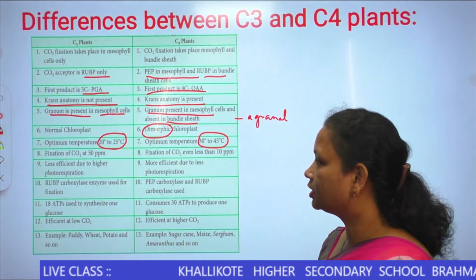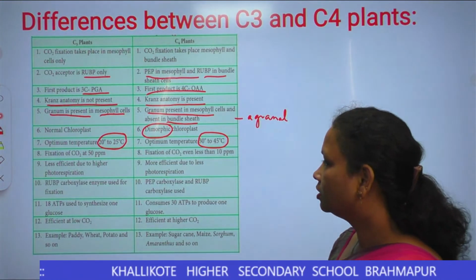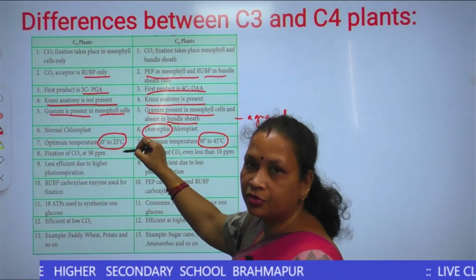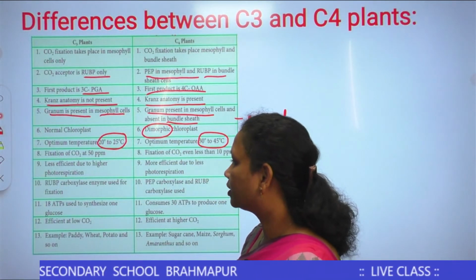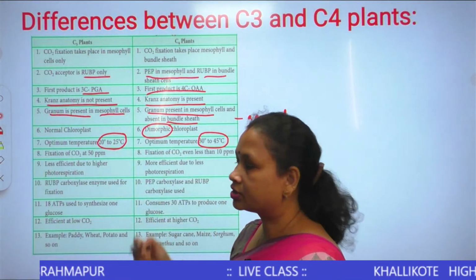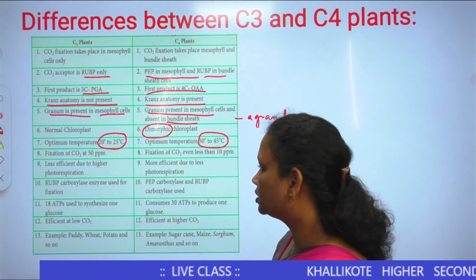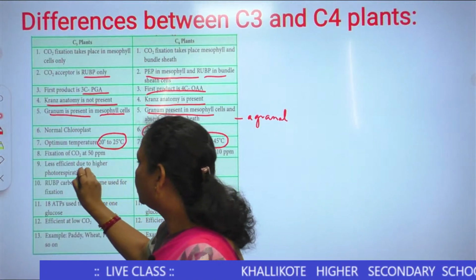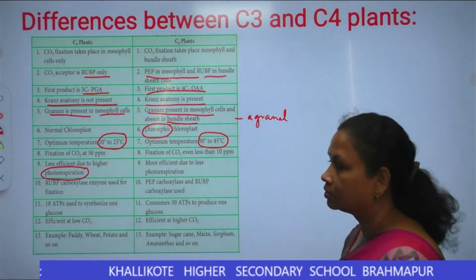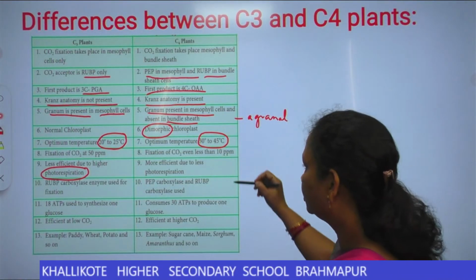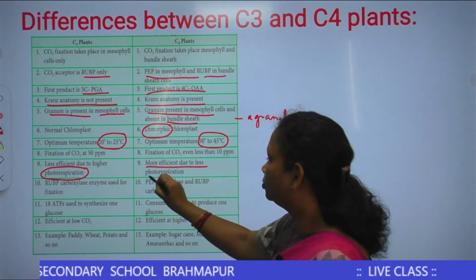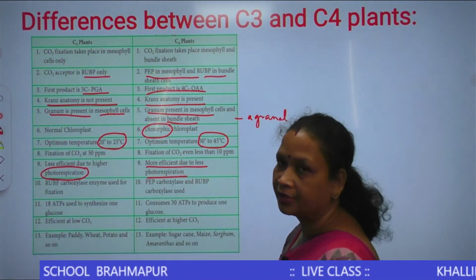So, in the C3 plants at higher temperature, the stomata close, and so there is no more diffusion of carbon dioxide. When carbon dioxide does not diffuse, the oxygen concentration may increase, so there may be photorespiration. But in the case of the C4 plants, it is more efficient due to no photorespiration.